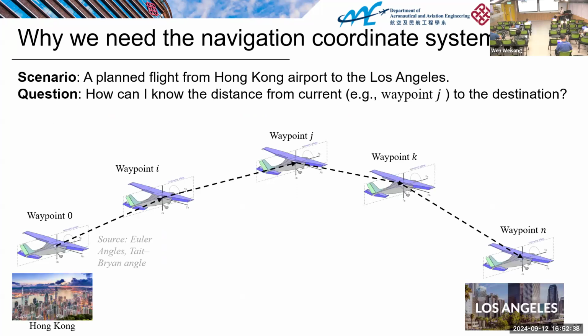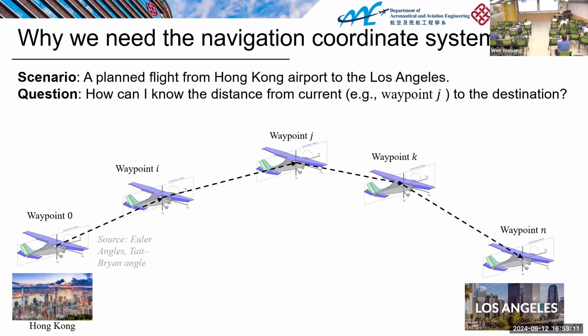So let's go back to the problem of why we need a navigation coordinate system. For example, I take a flight from Hong Kong to San Francisco. Because you are all from AE, of course we need some waypoints, right? The aircraft is going to fly through several waypoints. If I fly to waypoint K, I need to know where I am and how far away I am from the destination, for example Los Angeles.